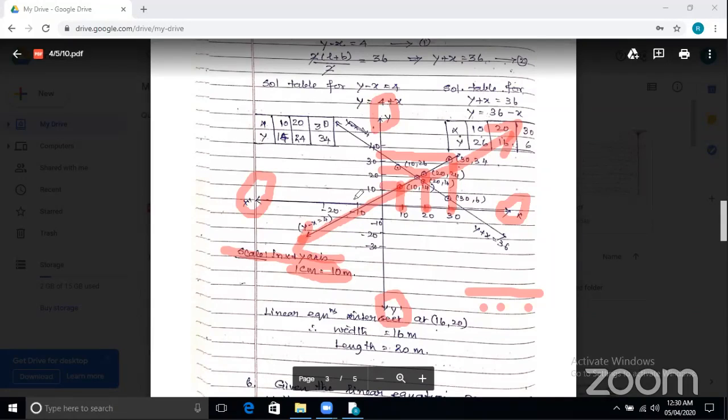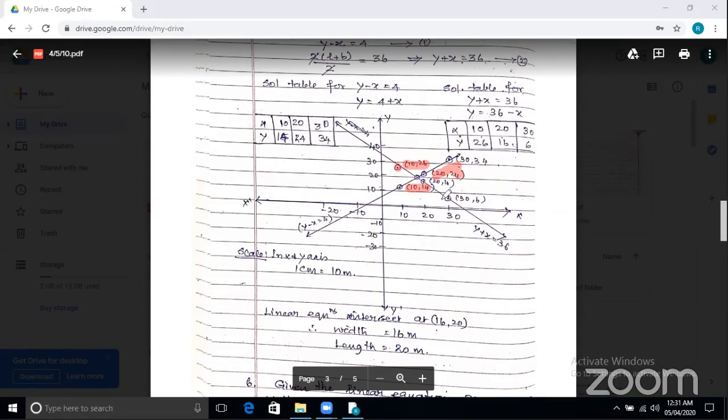Along with this point, you have to write the points also, with the points in brackets. The second is 10, 26, here.